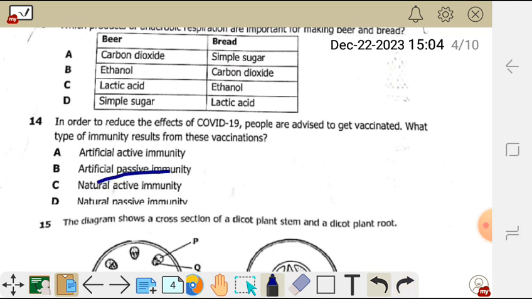Then passive, because they are not injecting the active immunoglobulins, the active immunity. What they are injecting will help the body to produce the defense against that virus. It is passive immunity, so that the body starts producing antibodies against that virus. So the correct answer here is B.